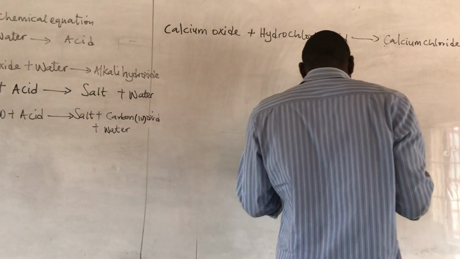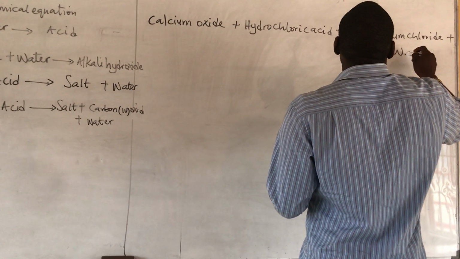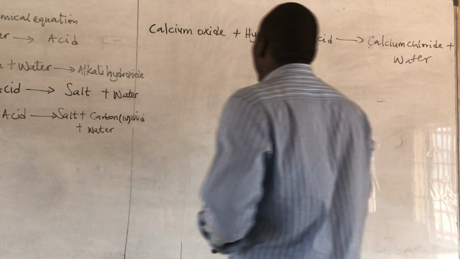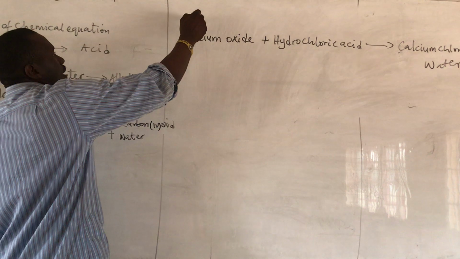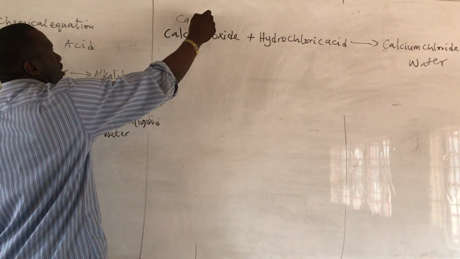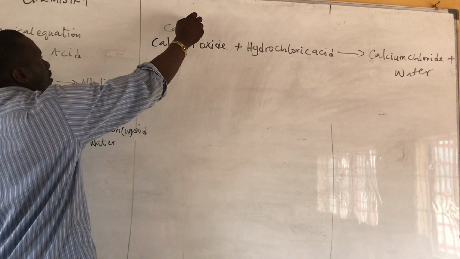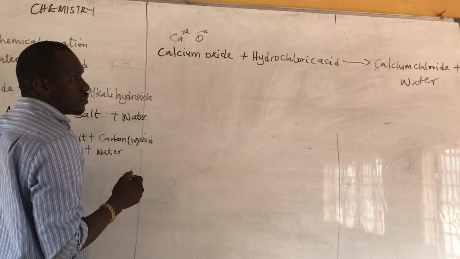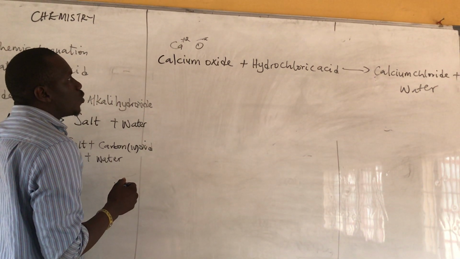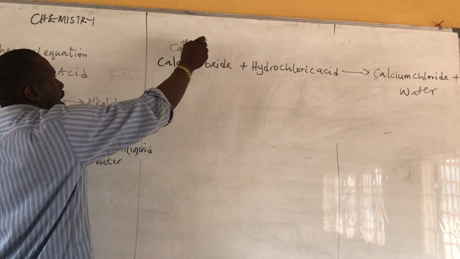Plus water. Let's quickly represent this. Calcium oxide: calcium plus 2, oxygen minus 2, valencies carry over. This is a positive, a cation, and this is an anion.